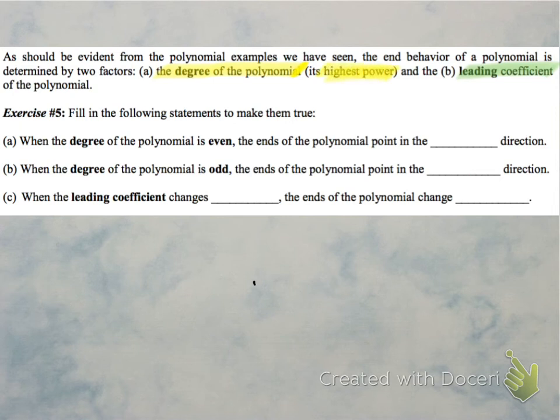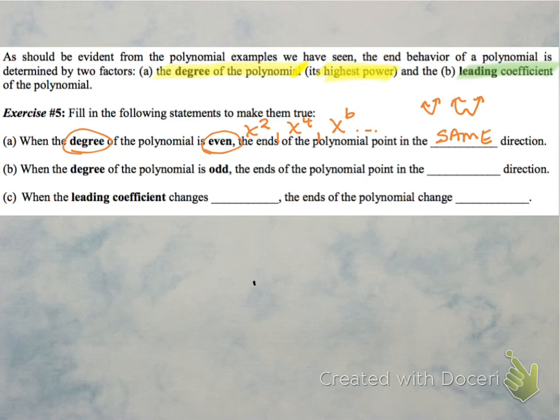Okay, so fill in the following statements to make them true. When the degree of the polynomial is even, like an x squared, an x to the fourth, an x to the sixth, etc., the ends of the polynomial point in the same direction. We have it like this, or we had this, right?